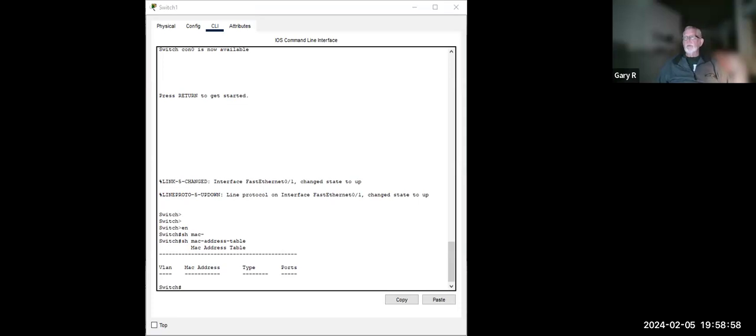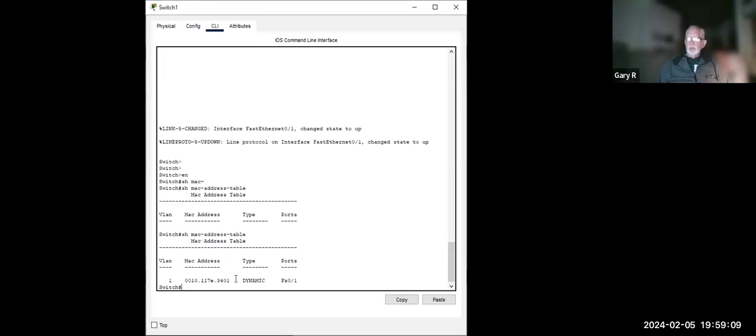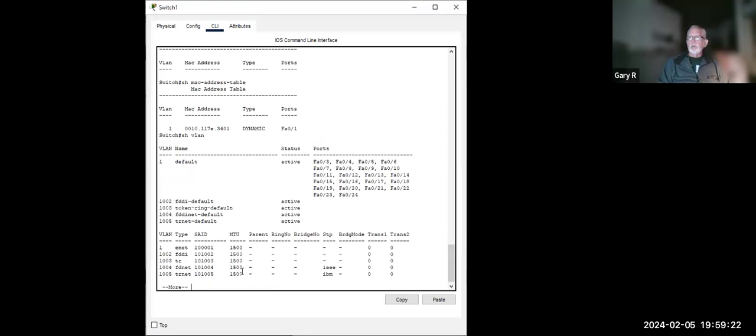Okay, so I'm going to now come back to the switch. Yeah, shared. Reissue this command. I have issued some pings, but I'm not learning anything. There's something going on with the configuration here. Let's do a show VLAN. I just want to see if there's any configuration. VLAN 1.